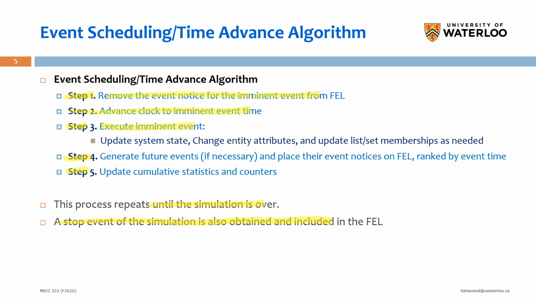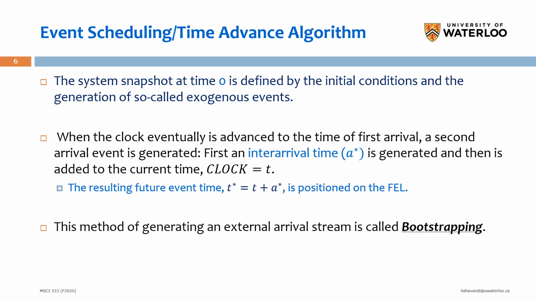Here we have a method called bootstrapping for generating an external arrival stream of entities to our system. Anytime an arrival happens, we generate an inter-arrival time, let's say a*, and then its event time, the arrival time, will be t*, equal to t + a*.